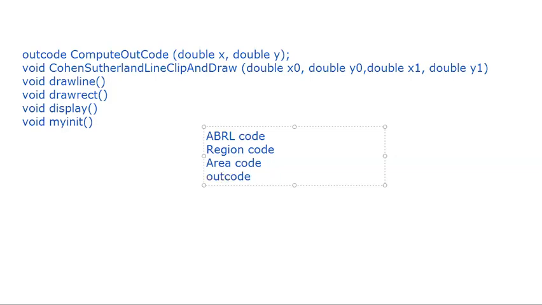These are different names for outcode, and outcode generation was done in the previous video. That is the computation of outcode. That is the first function.